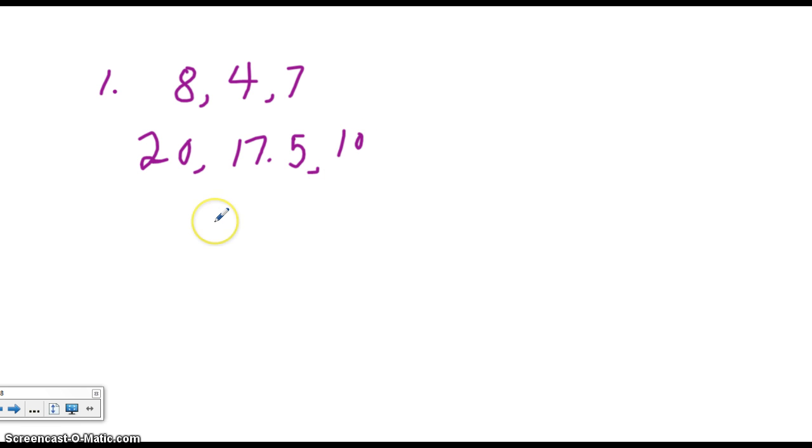What you do now is, since they're listed in order 8, 4, 7, that has to go with 20, 8 goes with 20, 4 goes with 17.5, and 7 goes with 10. So we figure out what those ratio values are. I'm going to quickly turn them into a fraction, just like this. And 8 divided by 20 is 4/10.